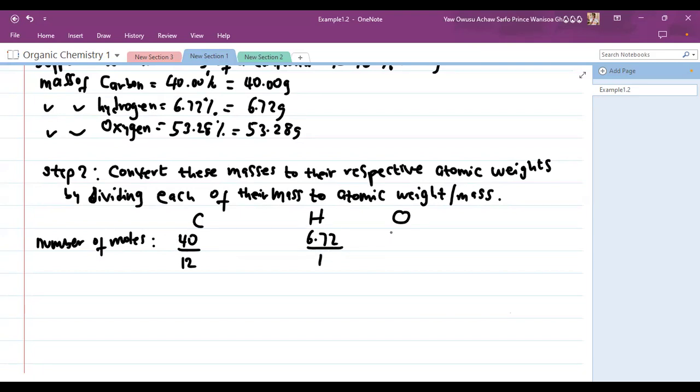And for oxygen it is 53.28, and our atomic mass is 16. The answers are 3.33, 6.72, and 3.33.